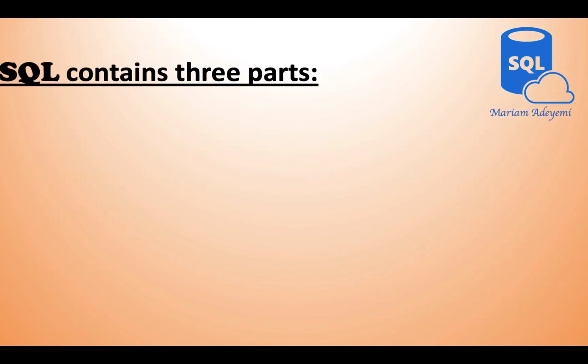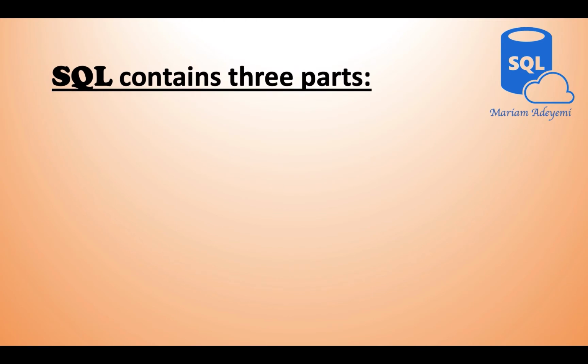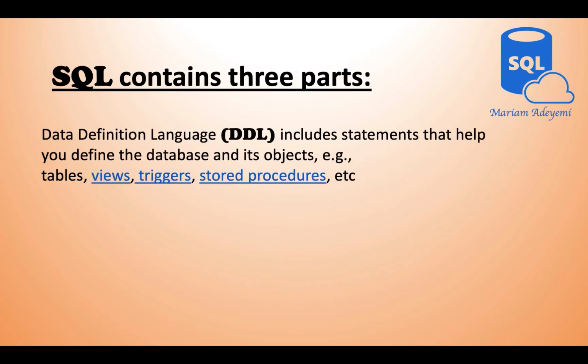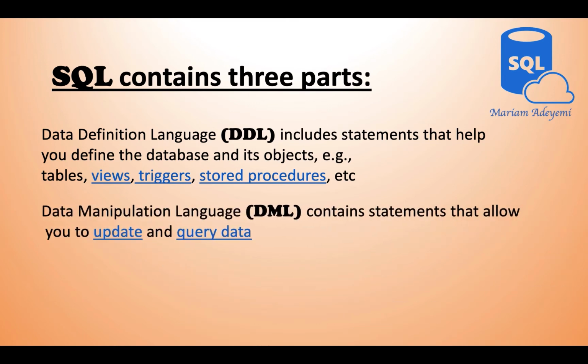Now, SQL contains three parts. The first one is DDL, Data Definition Language. These include statements that help you define the database and its objects, like the tables, the views, the triggers, the stored procedures, etc. The next one is DML, Data Manipulation Language, which contains statements that allow you to update and to query your data.